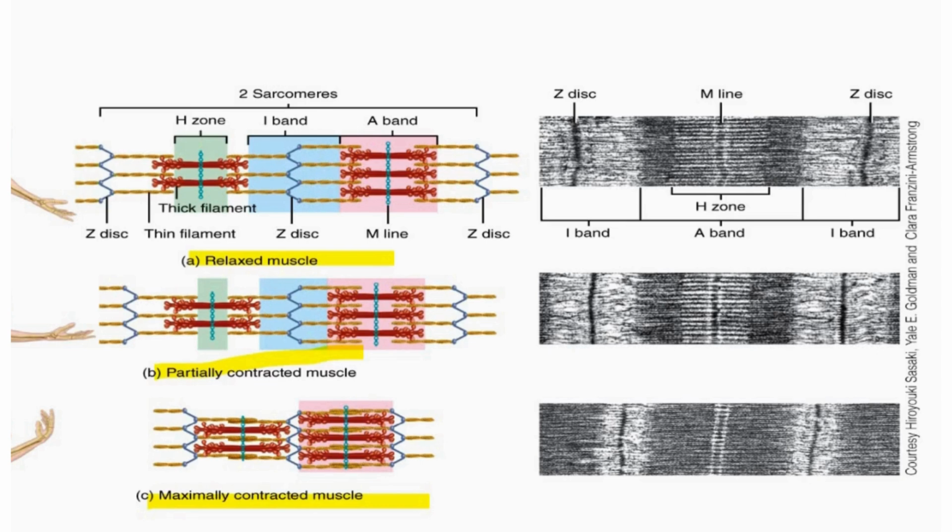The thin filaments slide over the thick filaments, whereas in maximally contracted muscle, complete sliding has taken place, and you have the disappearance of a particular line just because of complete contraction.